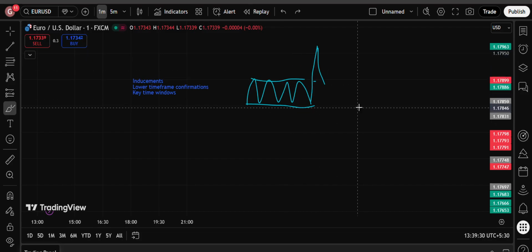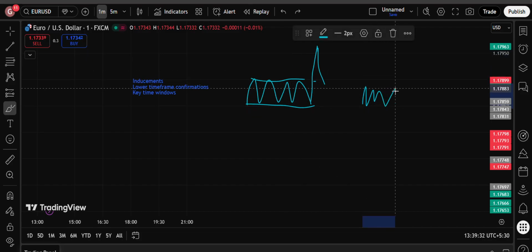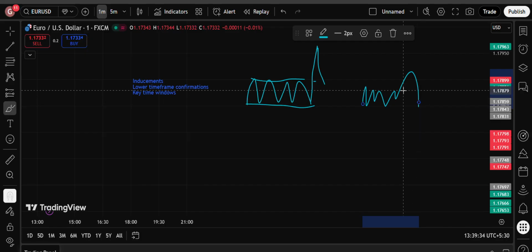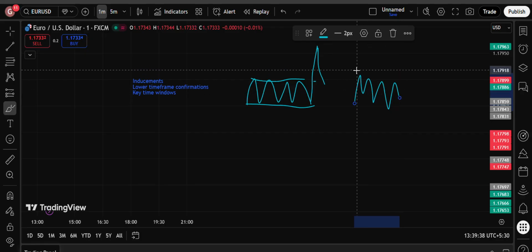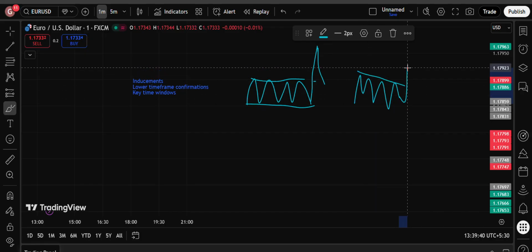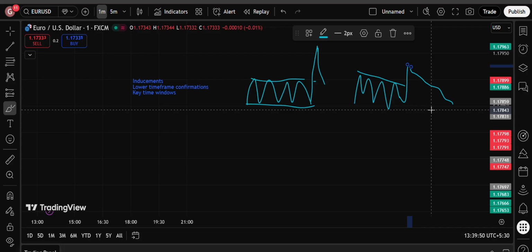But essentially what we are looking for is aggressive price action. Instead of price doing a small build up like this, and then sweeping this trend line with a very minor sweep and slowly consolidating downward, like it's going to take a lot of time, these types of price actions are liquidity sweeps and not inducements, right?